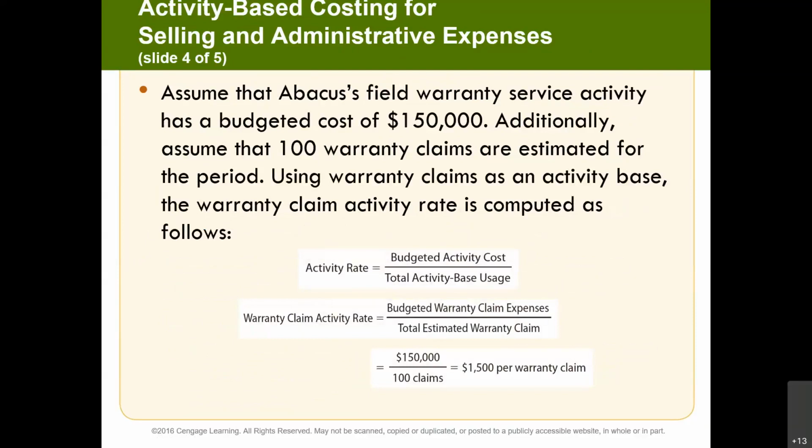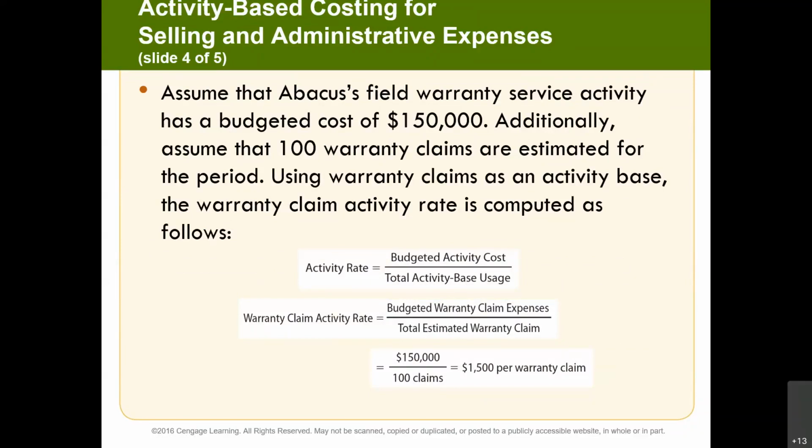This kind of reinstates how we would do this. So we assume that this company has a warranty service activity and it's budgeted for $150,000. And we estimate that 100 claims will be made during the period for warranties.